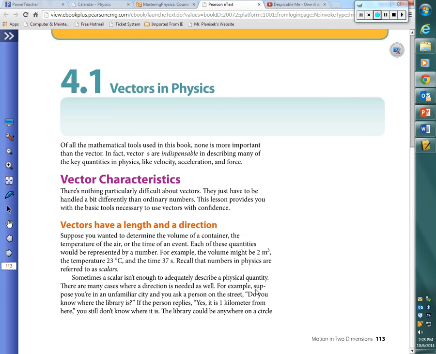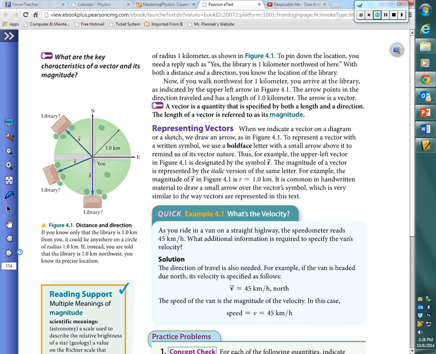Because if you look on page 1 of your packet, bottom left-hand corner, which is actually page 114 of your book, over here on the left-hand side, figure 4.1, similar to a problem that Fenwick had in the lab on Friday.